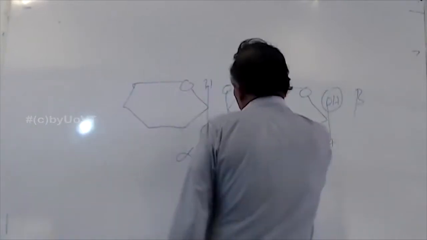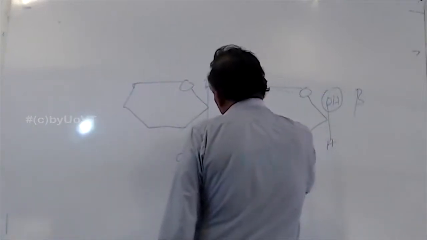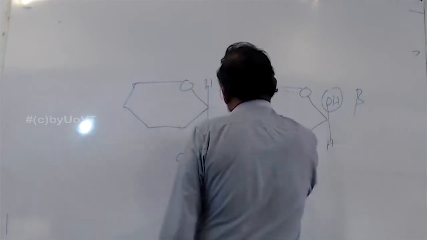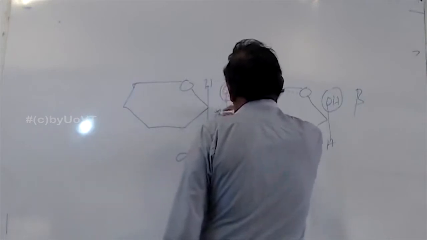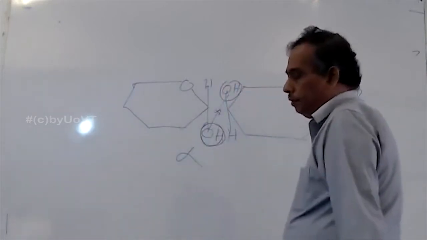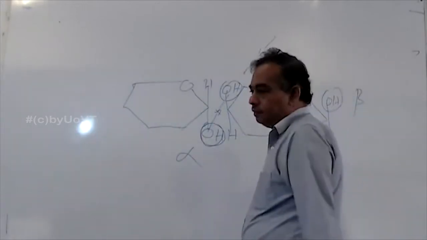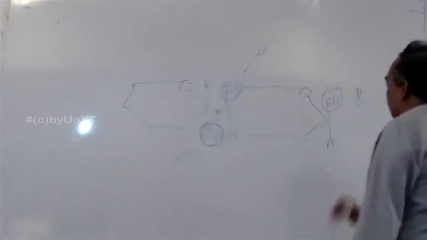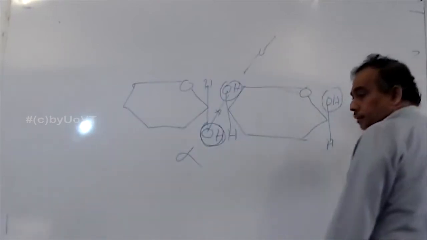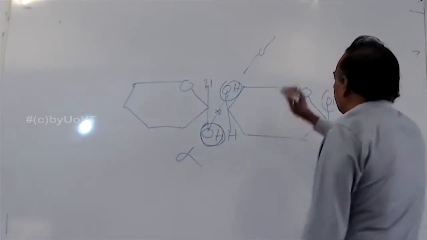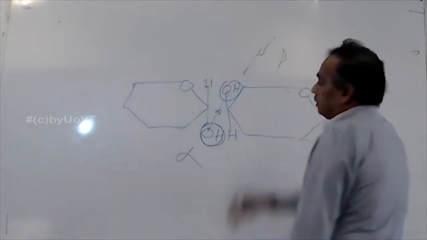Therefore, if we think about this one and this one, it won't go the upper way. Therefore, our logic is valid for this kind of bond, identified as a beta bond.